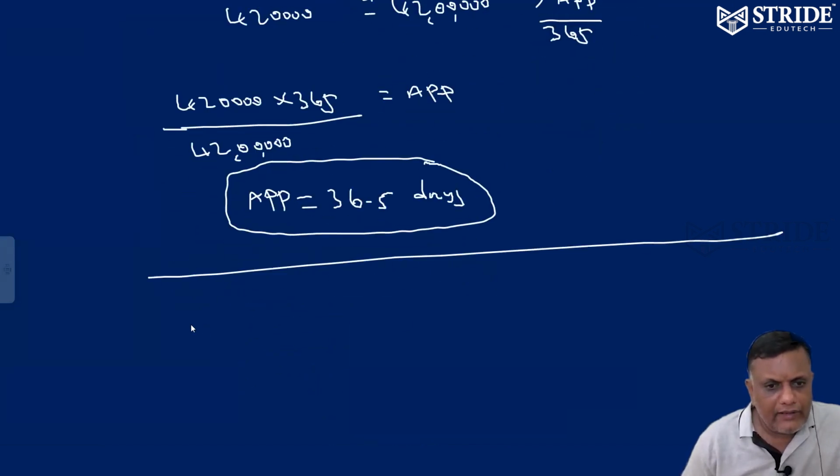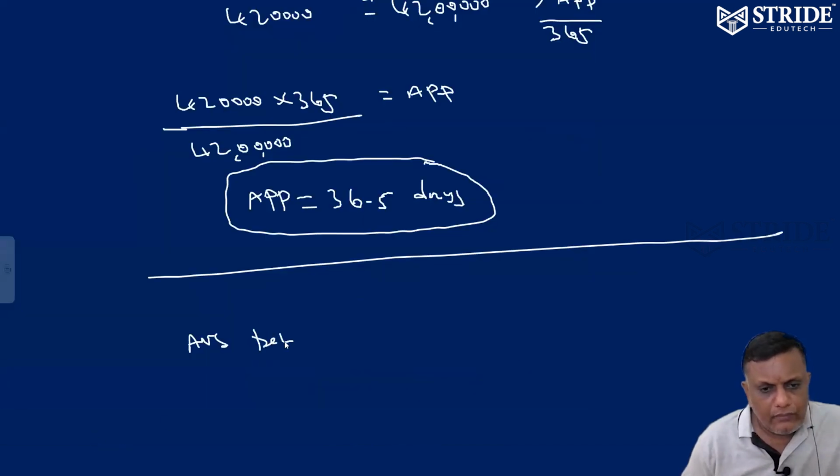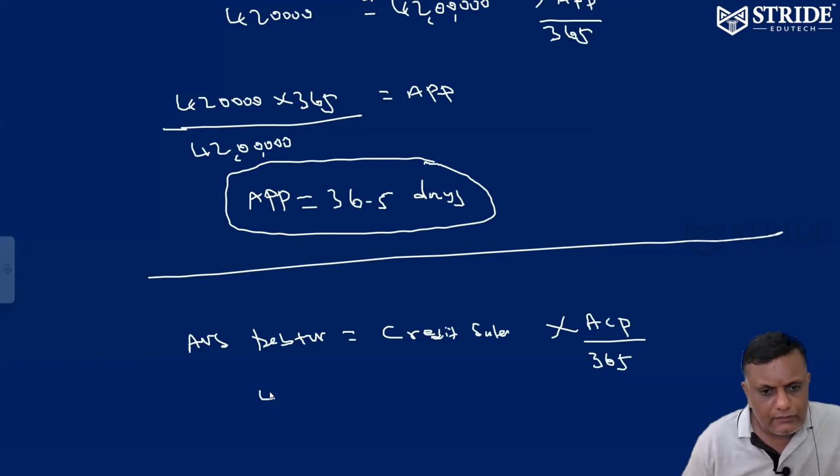Similarly, average collection period. Here also, average debtor is equal to credit sale into average collection period by 365. What is average debtor? 4 lakhs.